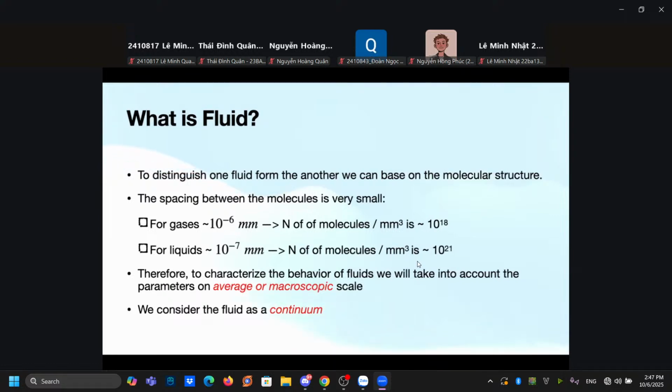To characterize the behavior of fluids, we will take into account the parameters on average, or on a macroscopic scale. So we consider the fluid as a continuum.